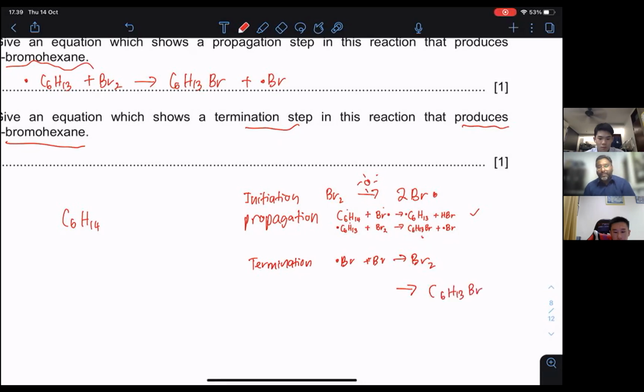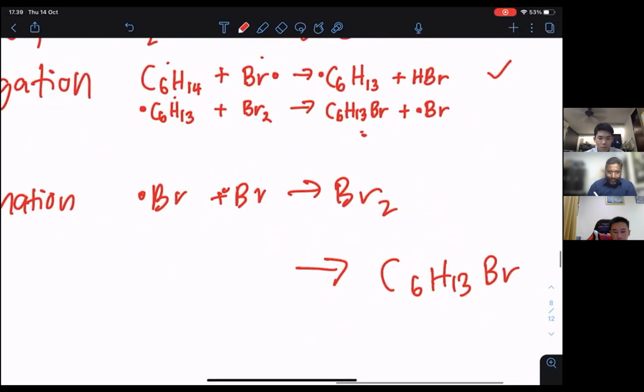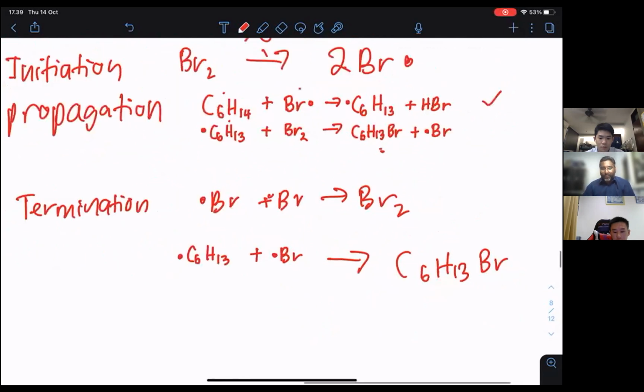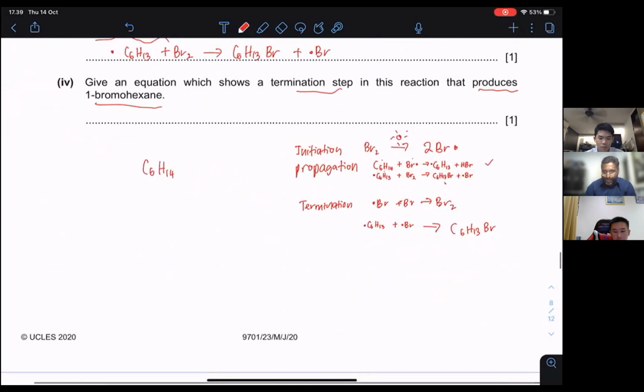This one is quite simple also. Just take the C6H13 free radical and join it with another Br free radical. You will get that. So no need to think a lot. This is going to give you the termination step.